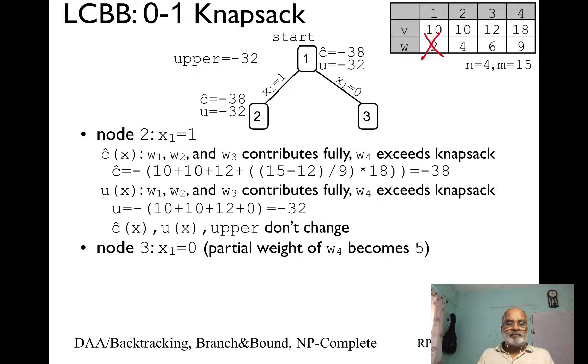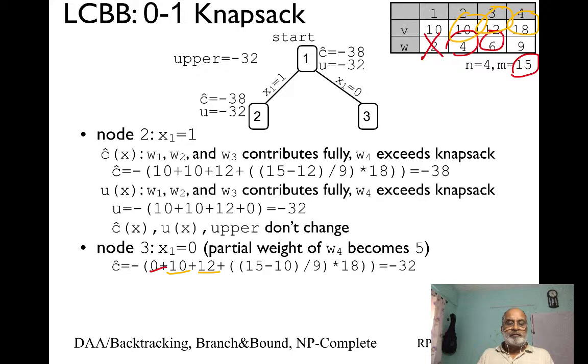So that means we include 4 plus 6, which becomes 10. And the moment we use 9, it becomes 19, exceeding the capacity of 15. Since 4 plus 6 is 10, that means we can take only 5 units of node 4 for my partial computation. So the cost becomes 0 for the first node, 10 for the second node, 12 for the third node, and for the fourth node, I'll take partial weightage, which is basically 5 by 9 into 18, which again gives me minus 32.